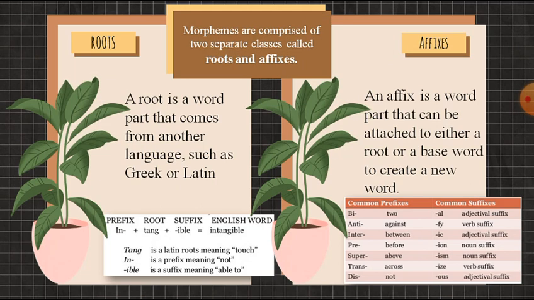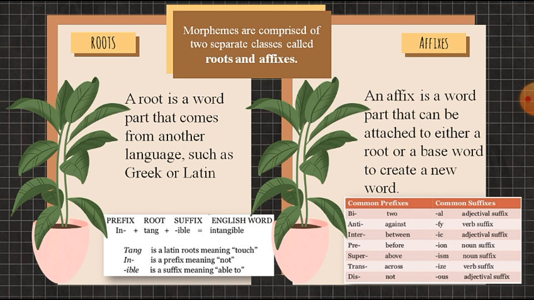Next, about roots and affixes. As we know, morphemes are comprised of two separate classes called roots and affixes. A root is a word part that comes from another language such as Greek or Latin.